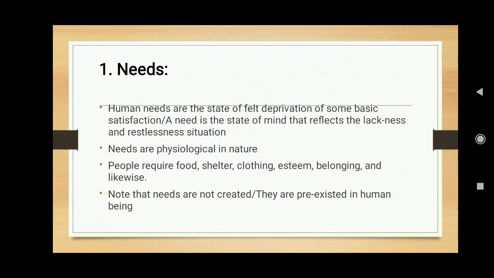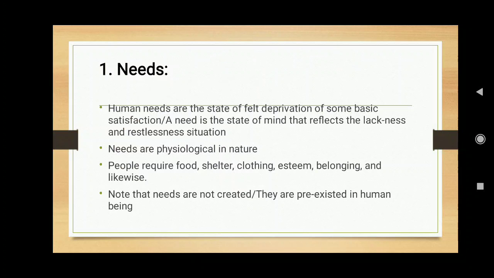Combining these two, needs can be defined as the self-felt deprivation of an individual or human being, right? And a need is the state of mind that reflects lackness and a restless situation.